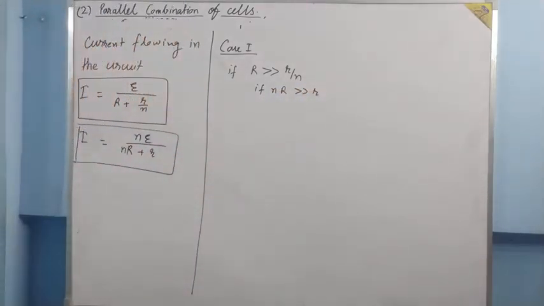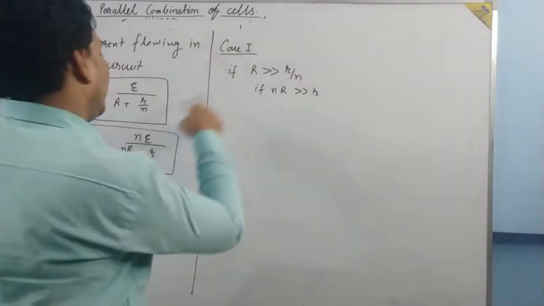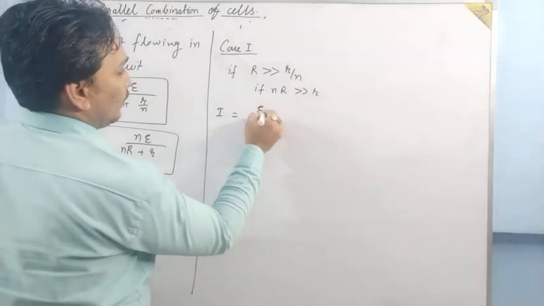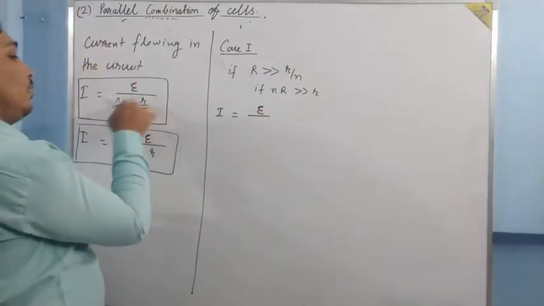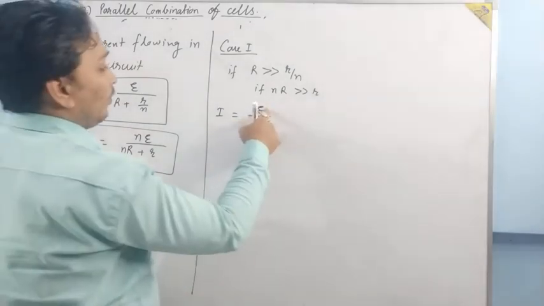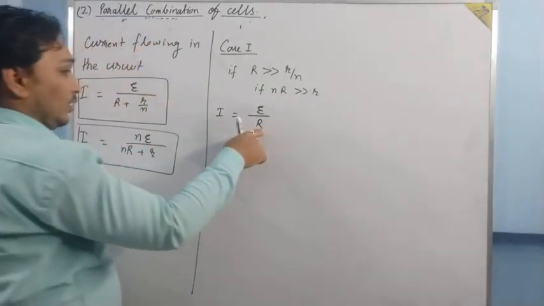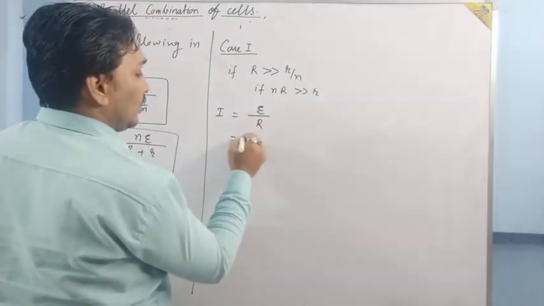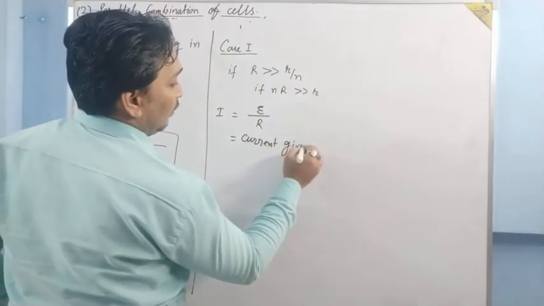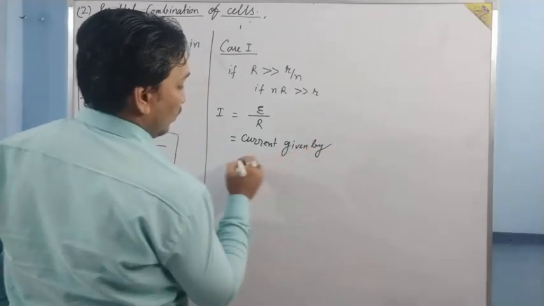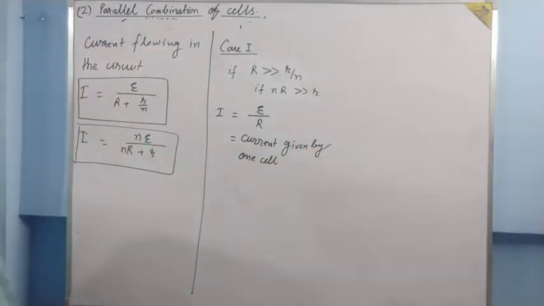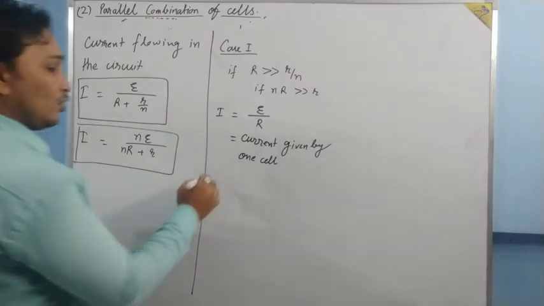So if capital R is greater, then R upon N will be neglected, and we are going to have E upon R, only R will be left. E is the EMF of one cell, R is the external resistance. So basically this is the current given by one cell. Case 2.